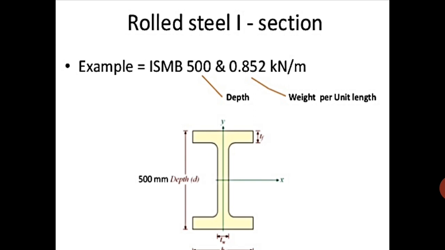ISMB means Indian Standard Medium Beam. 500 indicates the depth, and 0.852 kilonewton per meter means weight per unit length. So this is ISMB having 500 mm depth, and the weight of ISMB 500 is 0.852 kilonewton per meter.